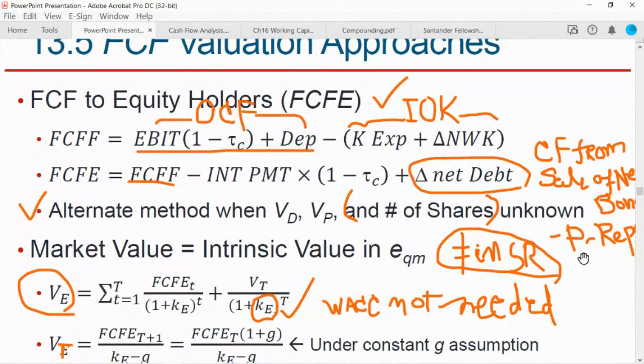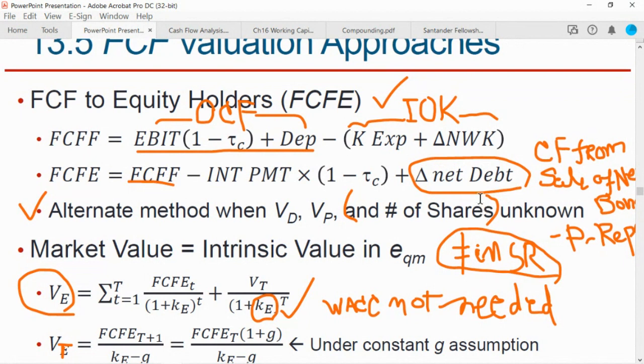If you sold new bonds, there is cash inflow, but you have to make principal payment on the bonds that are retired. So the change in net debt will be added to the free cash flow to the firm.